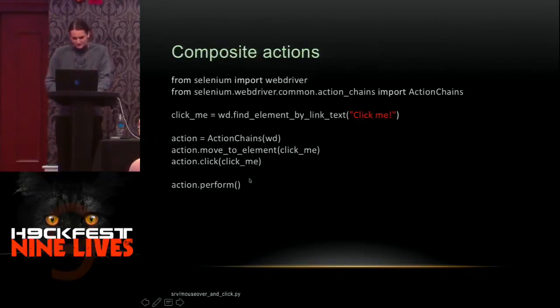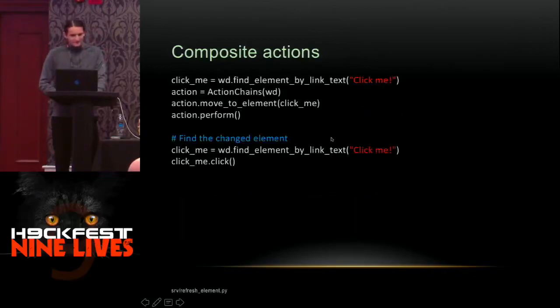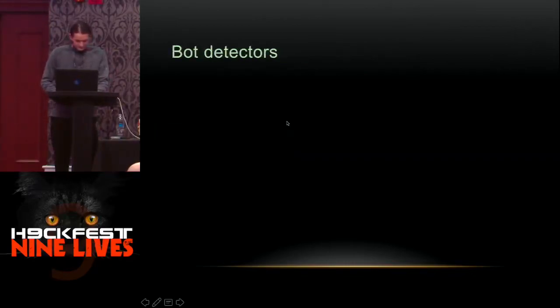This is just one of the simplest. And when you do that, some of the time you'll get a stale element reference exception. Well, all that happened was that the page changed in some way, and basically you just need to find the element again after mousing over it. And I have another demo that we may not have time for, but we'll see. Remind me to show you the on mouse over demo in a minute.